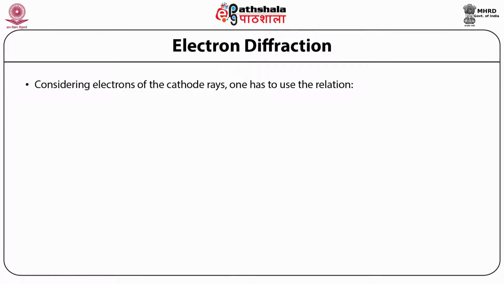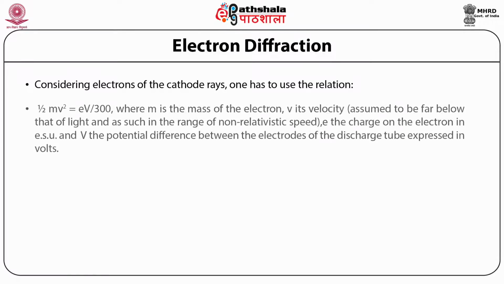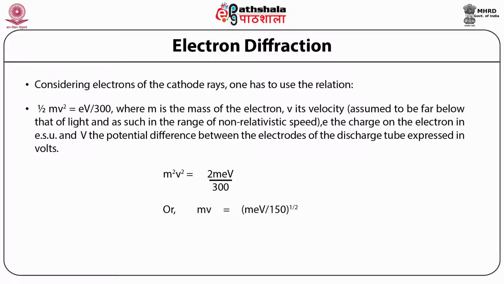Considering electrons of the cathode rays, one has to use the relation 1/2 mv square equal to eV upon 300, where m is the mass of the electron, v its velocity, assumed to be far below that of light, and as such in the range of non-relativistic speed, small e the charge on the electron in ESU, and capital V the potential difference between the electrodes of the discharge tube expressed in volts. m square v square is equal to 2meV upon 300, or mv is equal to under root of meV upon 150.